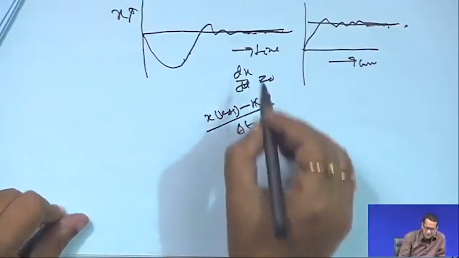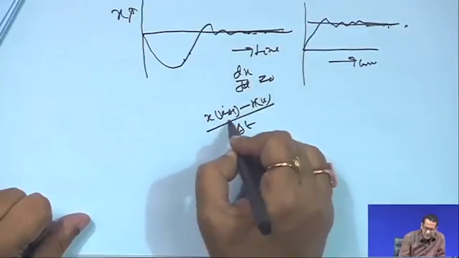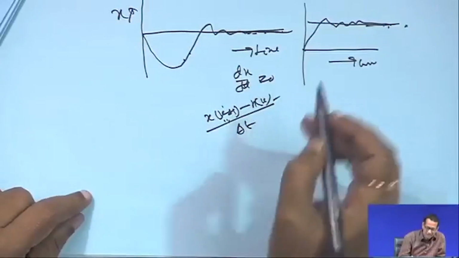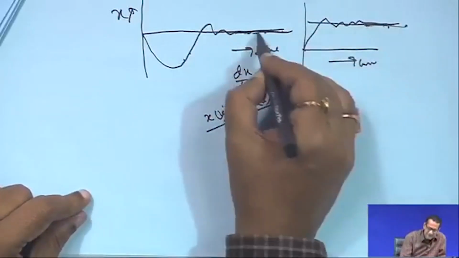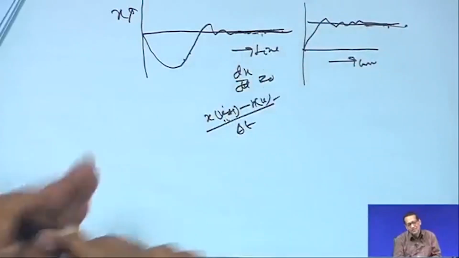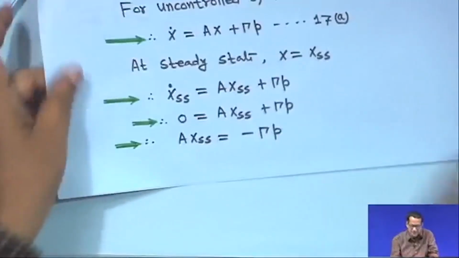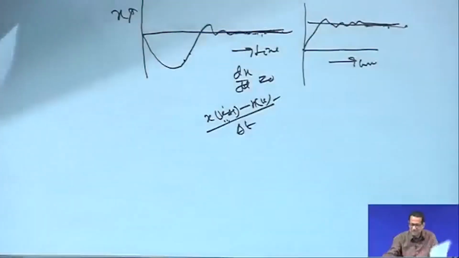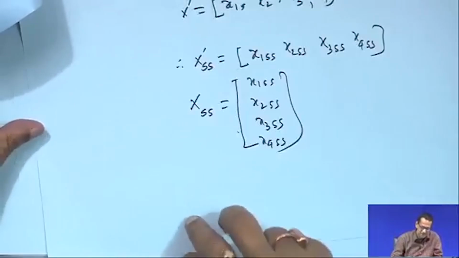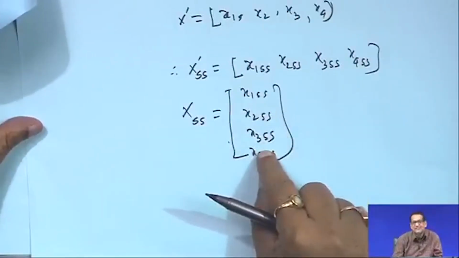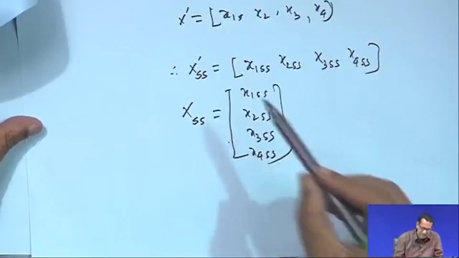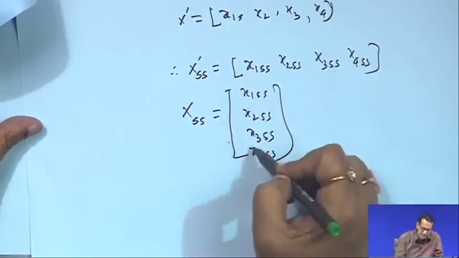But when it reaches steady state, the current value and the previous value are the same, so the derivative will be 0. Therefore, when all reach steady state, the derivatives are 0. There should not be any confusion, because you have all 4 state variables, x 1, x 2, x 3, x 4, all reaching steady state as t tends to infinity. So all the derivatives will become 0.